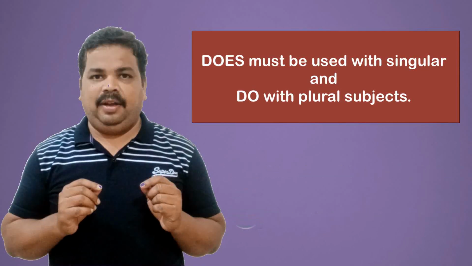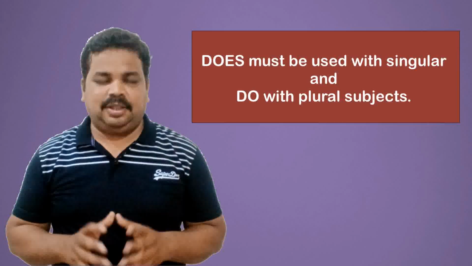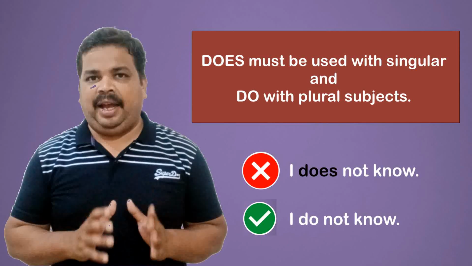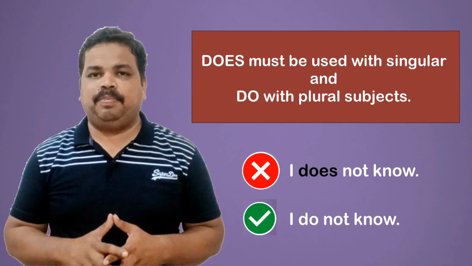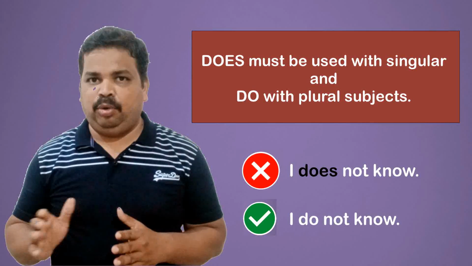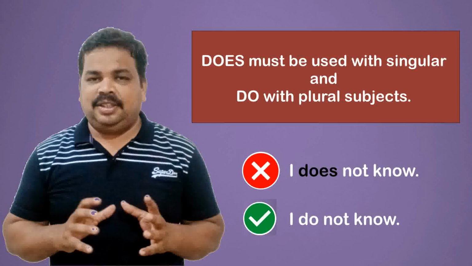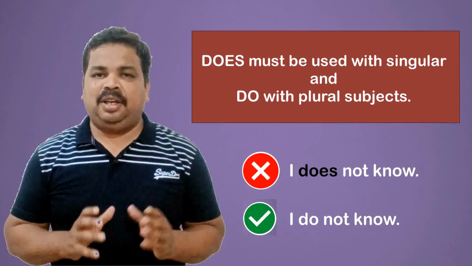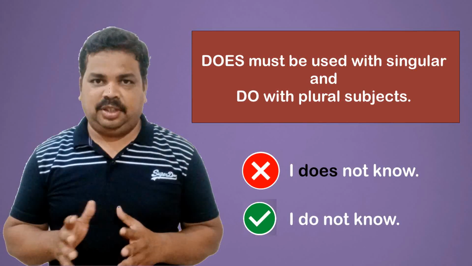Similarly, I and you should always be treated like plurals, so you must use I do or I don't. You can say I don't call you, but you can't say I doesn't. That's wrong. Similarly, you should also be followed by do. You don't, not you doesn't.